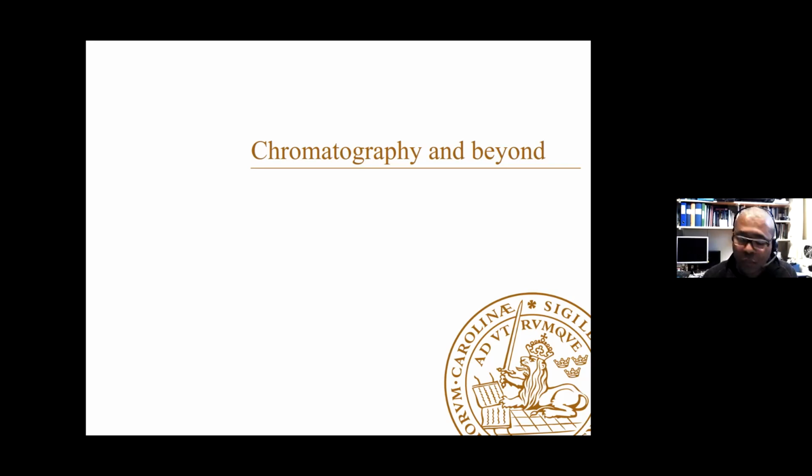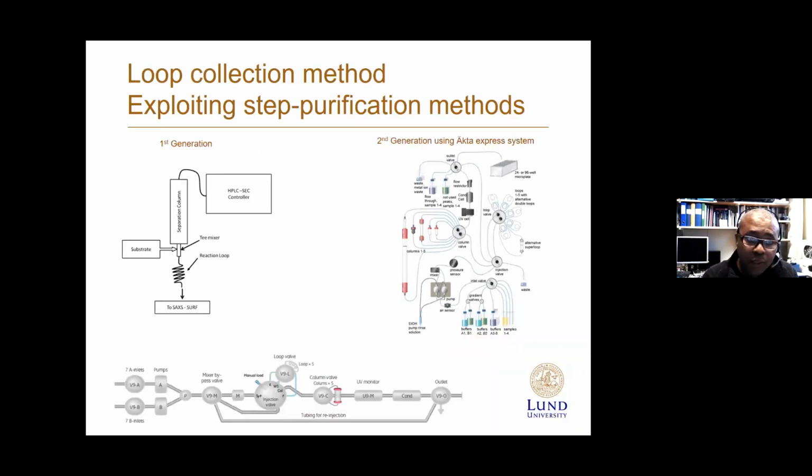So we need to increase the way we prepare the samples. So in this particular case, what we have taken advantage of is what we call the step purification methods using some loops. So the first generation that I've introduced was simply taking a standard HPLC, single column, our parallel substrate, and then the reaction mixing loop.